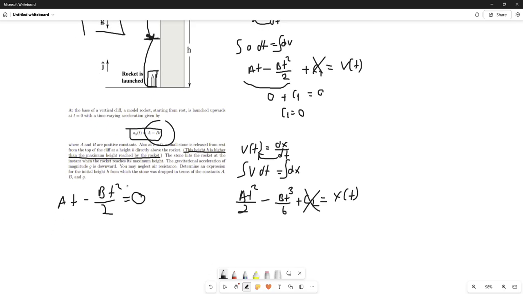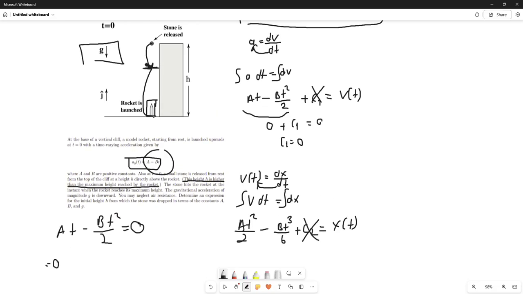The first root is 0, but careful guys, if you put 0 for t, you get the option when the rocket is at rest, the rocket's velocity is 0.